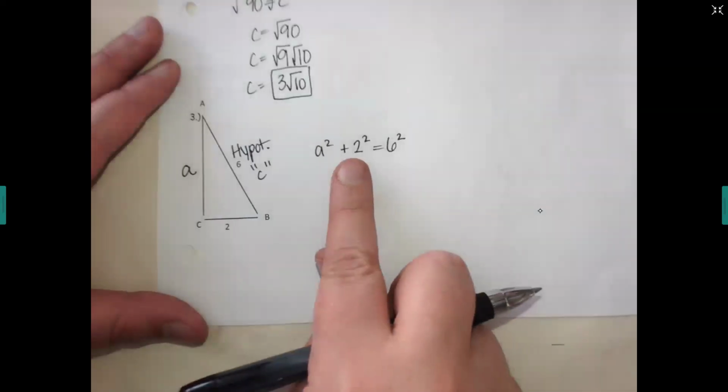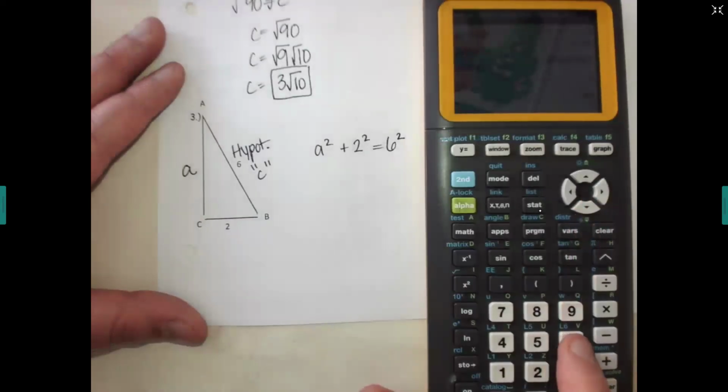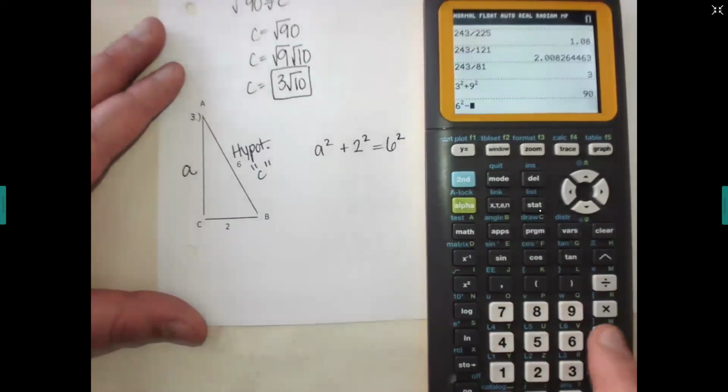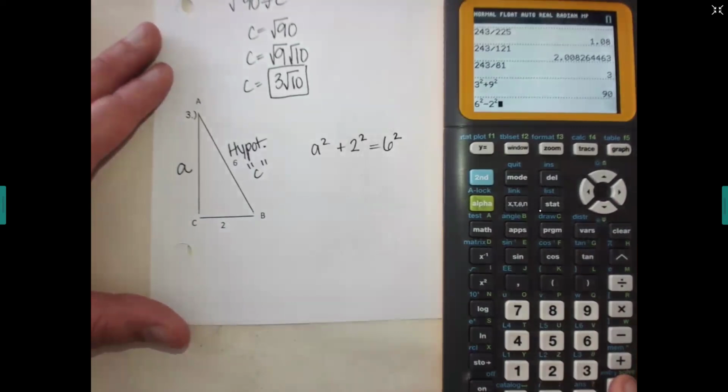What do I need to do with the plus 2 squared? I'm going to minus it across to the other side. So I'm going to do 6 squared minus 2 squared, like that. However, if you want to find those numbers separately and then subtract it across, that's totally fine.